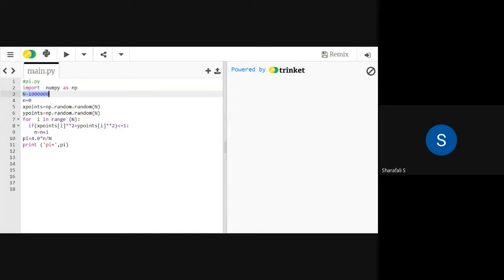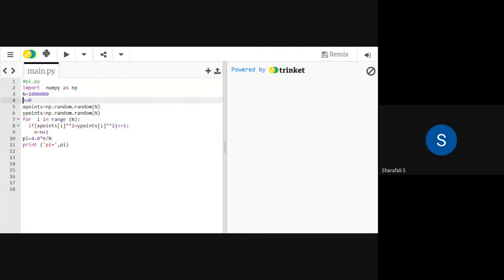But if your capital N, the total number of points that we are considering, is very large, then the result will be almost similar to the original one. This is the numerical method, so we have to consider a large value for capital N.